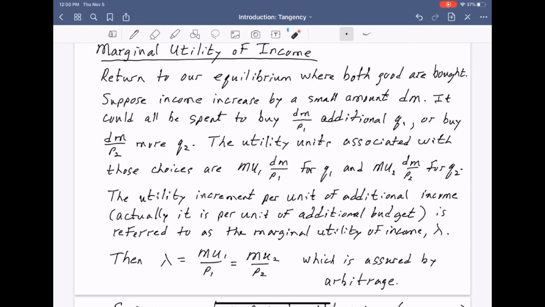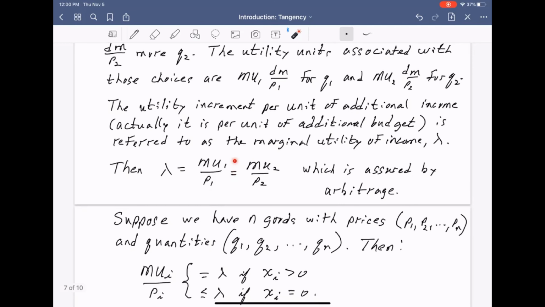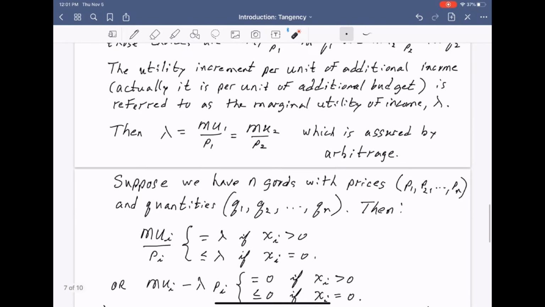So this lambda will play an important role when we get to Lagrangians. But for now, we find that this lambda is equal to the marginal utility of 1 divided by P1, and it's equal to the marginal utility of 2 over P2. So in equilibrium, these two have to equal each other: marginal utility of 1 over P1 equals the marginal utility of 2 over P2, which is assured by this arbitrage condition, by doing the arbitrage that we had before.